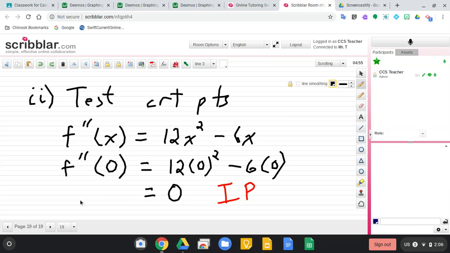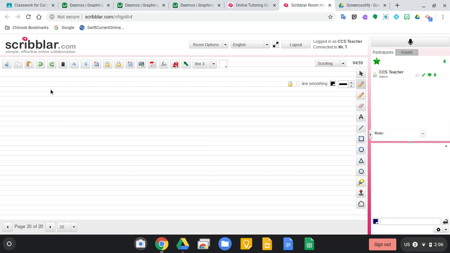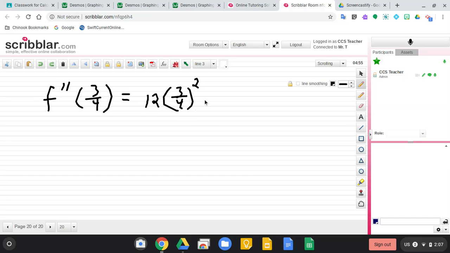So now let's go test our second value. We have our second derivative, f double prime. Our second x value was 3/4. So if I substitute the 3/4 into my second derivative, that's going to be 12 times 3/4 all squared minus 6 times 3/4. And again, I'm going to save you some work.